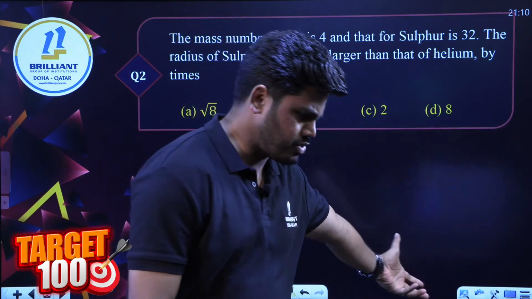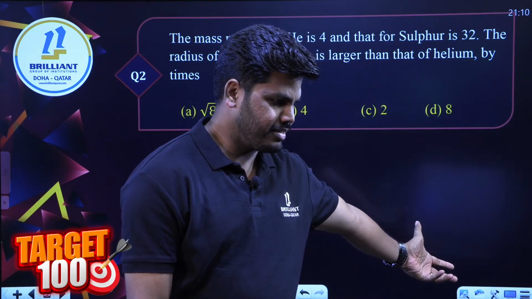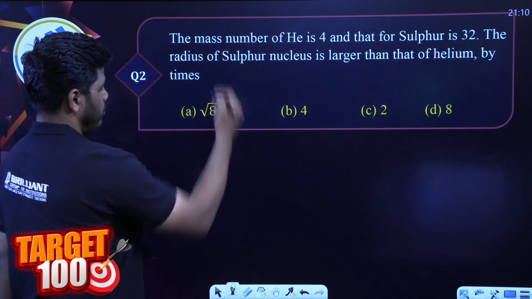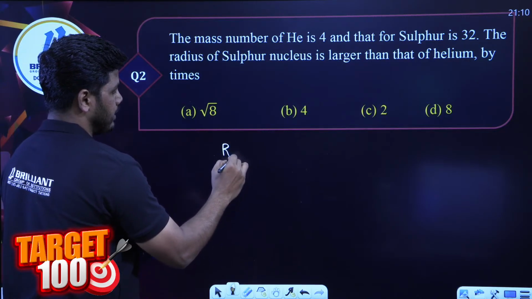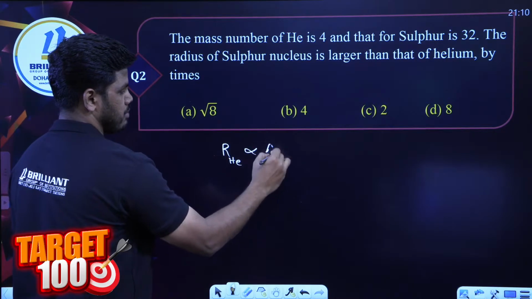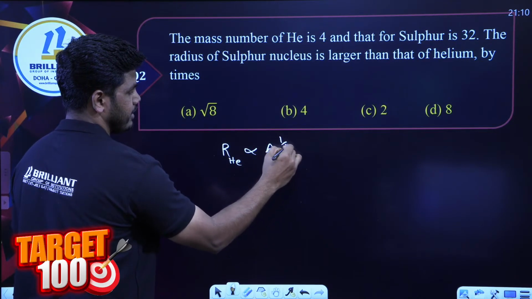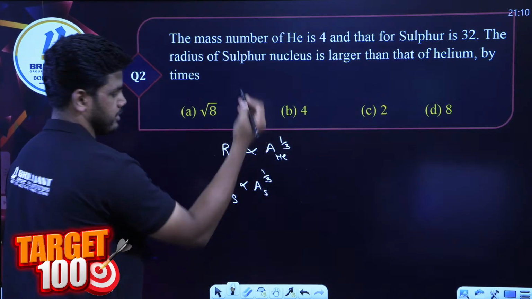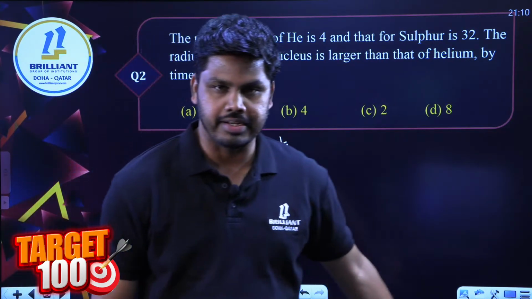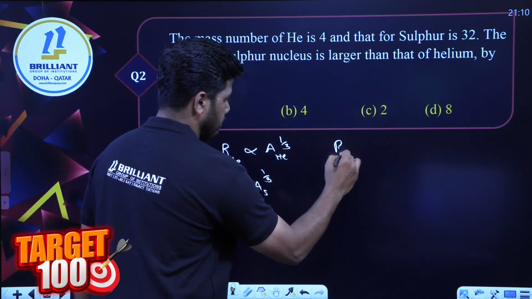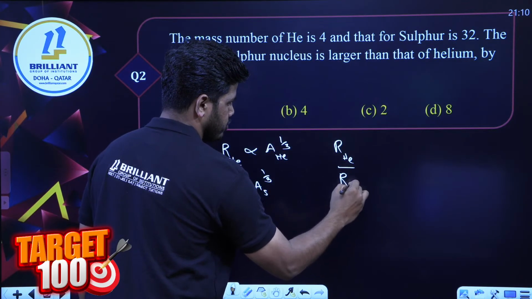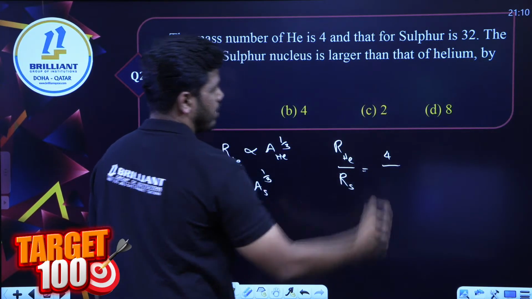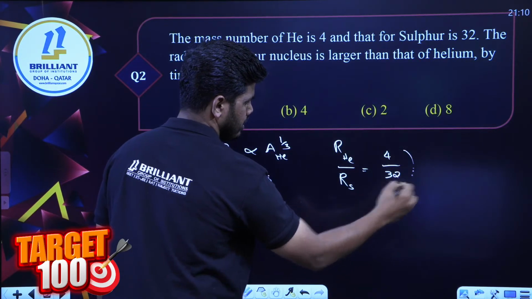Yes, we can go to the same ratio. Radius of helium is proportional to mass number of helium whole raised to 1 by 3, and radius of sulfur is proportional to mass number of sulfur whole raised to 1 by 3. Just taking this ratio, you will get the correct answer. So radius of helium divided by radius of sulfur is equal to 4 divided by 32, the whole raised to 1 by 3.